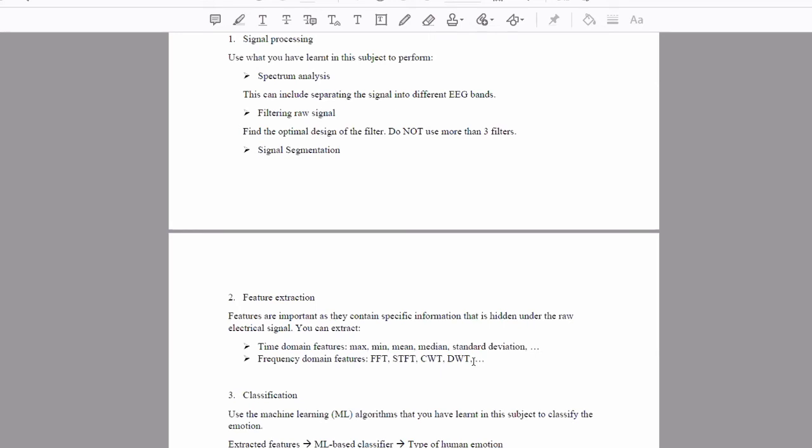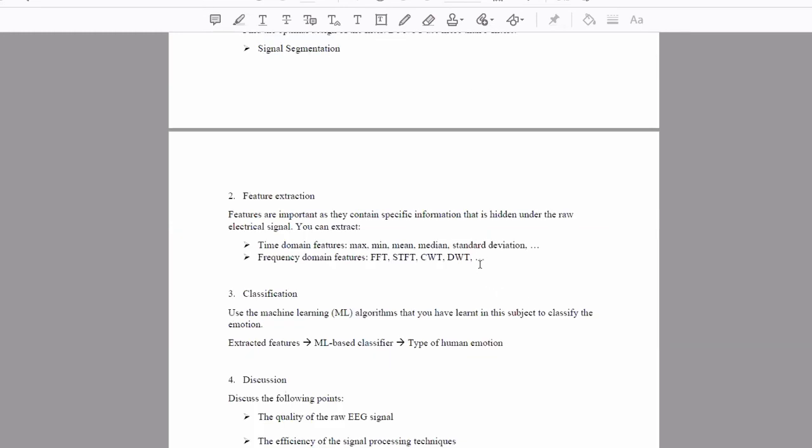The frequency domain features include fast Fourier transform, and some things we learned in stage 2 are short-time Fourier transform, continuous wavelet transform, and discrete wavelet transform, and many other frequency domain features as well if you want to explore more.